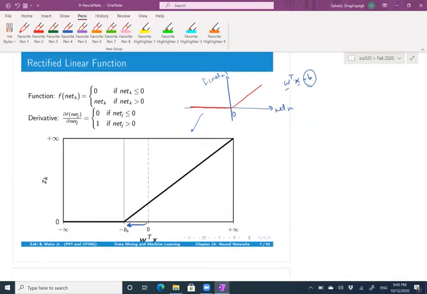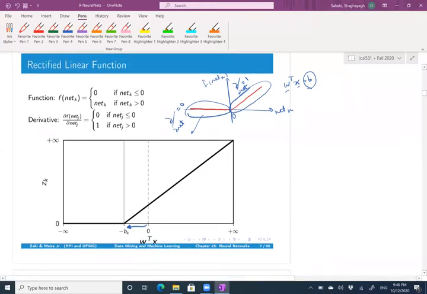When we have the linear part, the derivative is going to be equal to 1 with respect to net. And at this point, the derivative with respect to net is going to be equal to 0, right?